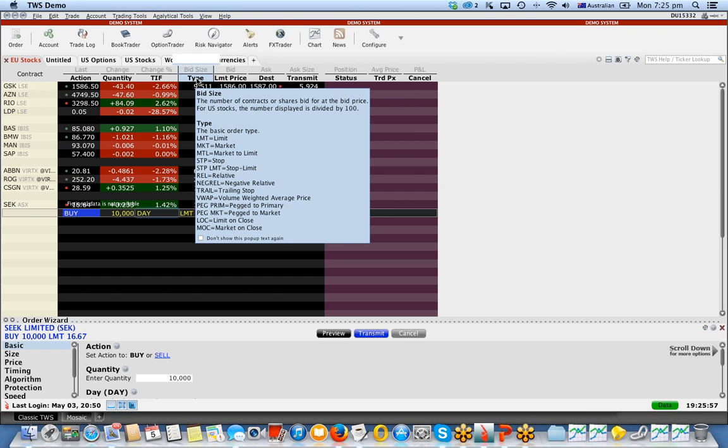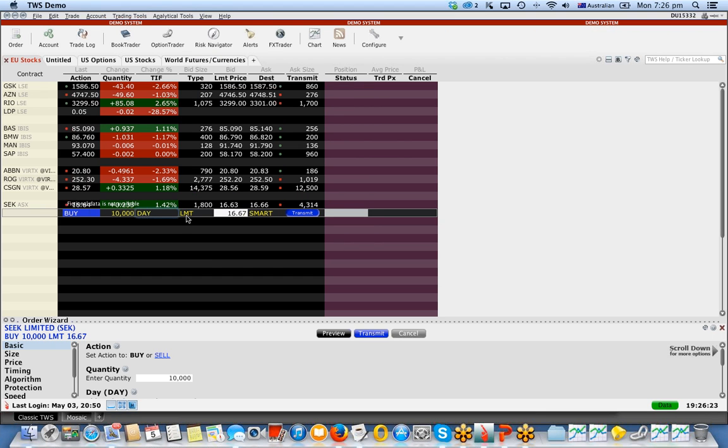And if you just hover over any type or any column, for instance, you see the hint, and you can see LMT stands for limit, MKT for market, MTL market to limit, STP for stop, STP LMT stop limit, REL relative, etc. So you've got a whole lot of different orders over here, and let's just select limit at this point.